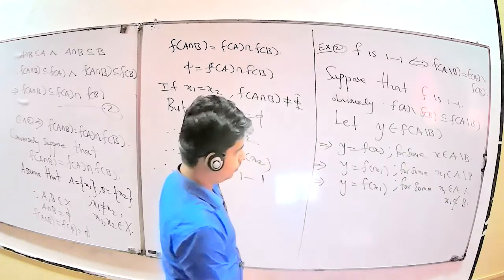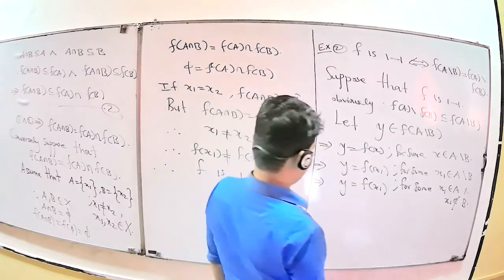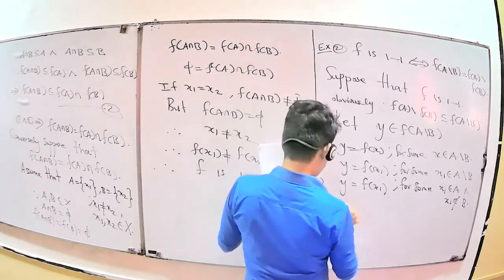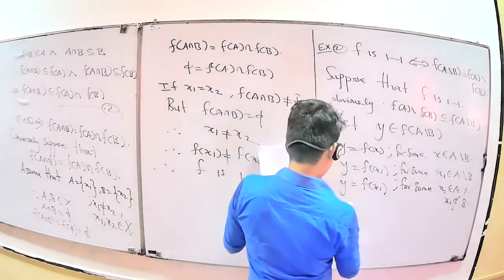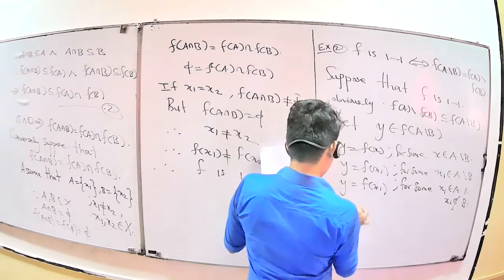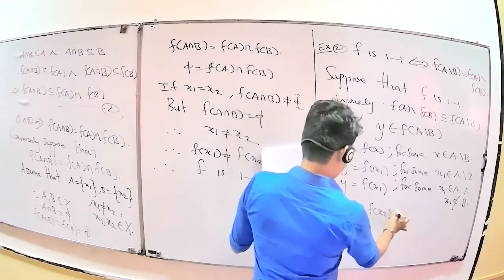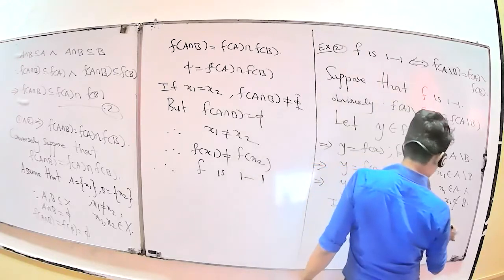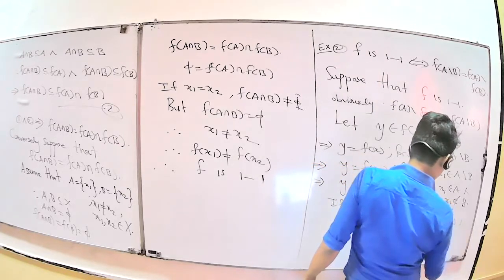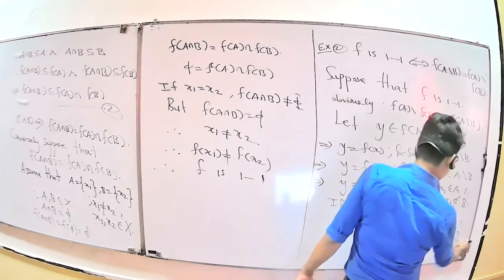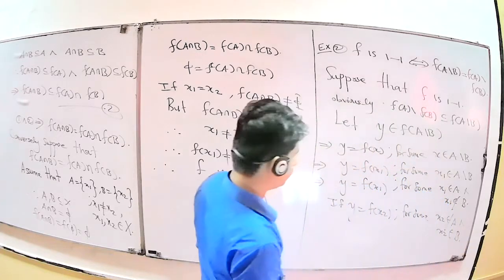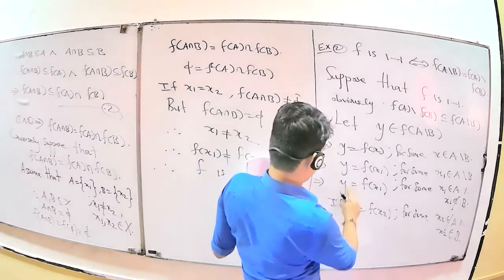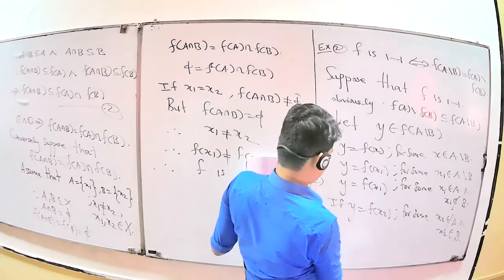Now you take another element, right? If y equals f of x2 for some x2, it is also possible, for some x2 that does not belong to A and x2 belongs to B. For this case also y equals f of x2, but y equals y, both are the same, right?